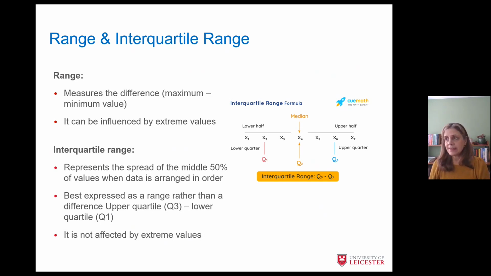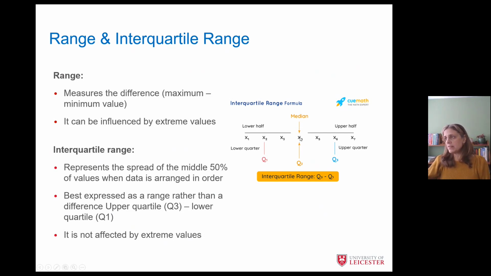And what you're doing for this is finding the middle 50% of your data. As with the median, you put your sample values in order for your variable of interest. The median is the middle value of your sample, and for the interquartile range, you then go a quarter of the way into the data set to identify your lower quartile, and then three quarters of the way into your data set to find your upper quartile.